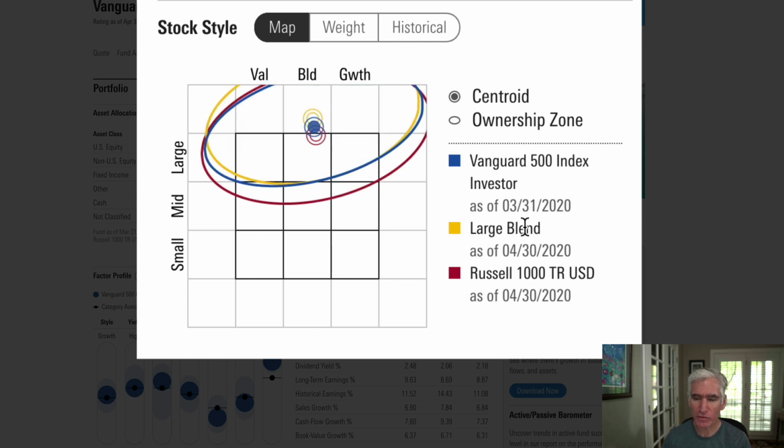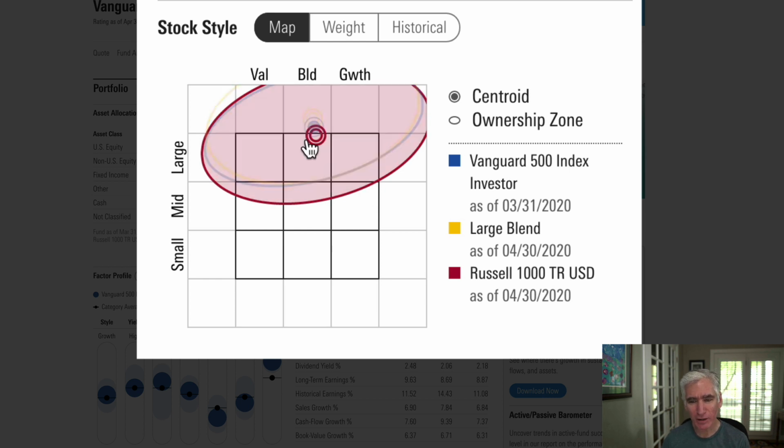They also show you the category large blend. This is a category that Morningstar comes up with. It's pretty close to the Vanguard 500. And then they show you, for reasons, frankly, I don't even know why, the Russell 1000, which of course is 1,000 companies. And it's a little bit smaller. It's not much.